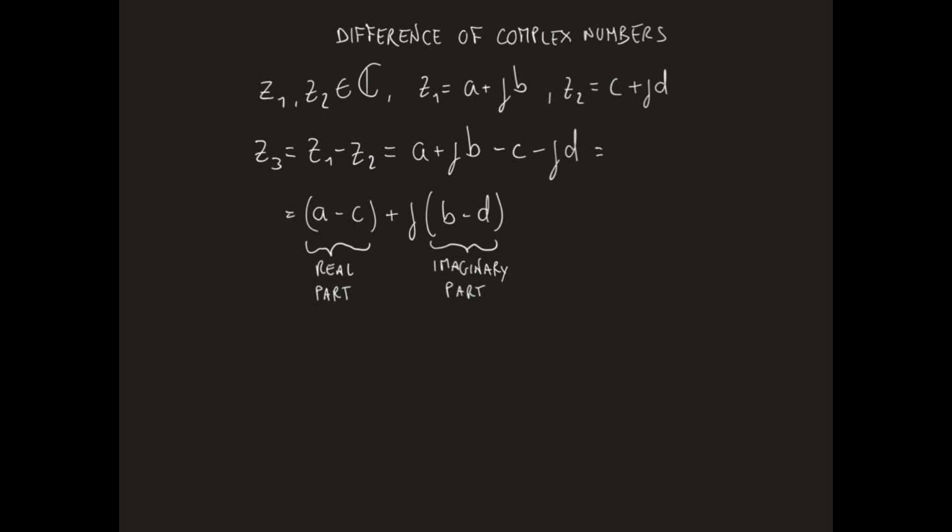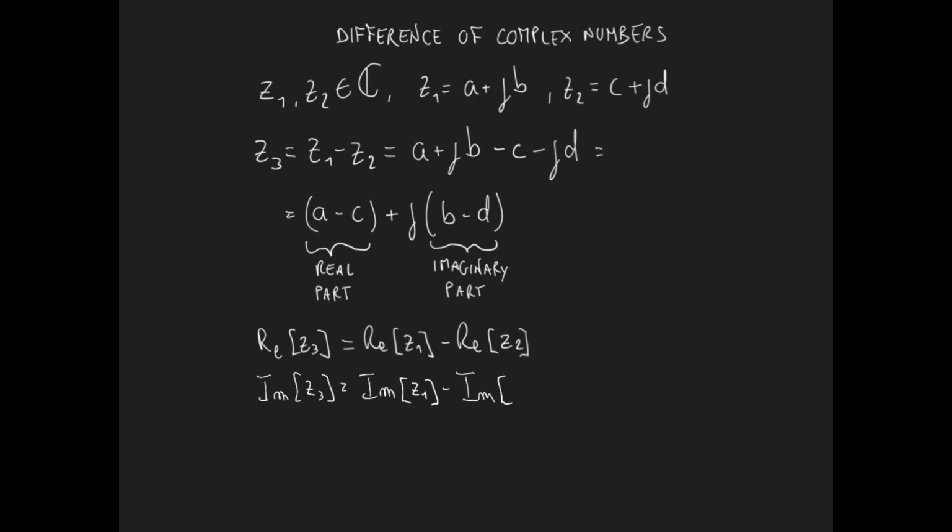We can, of course, write in an equivalent way that the real part of z3 is equal to the real part of z1 minus the real part of z2, and that the imaginary part of z3 is equal to the imaginary part of z1 minus the imaginary part of z2.